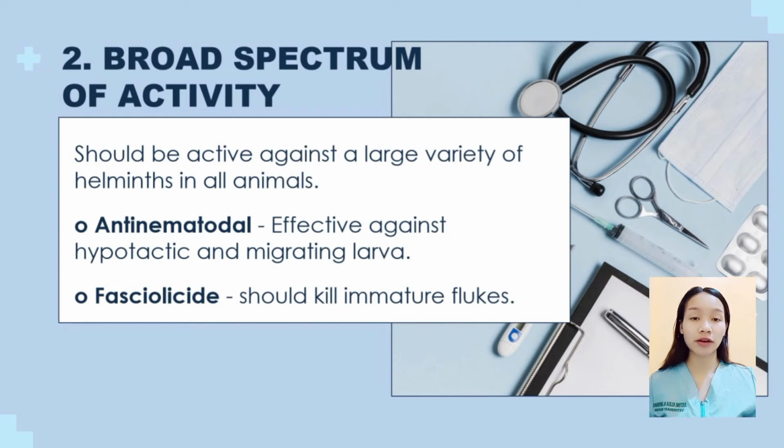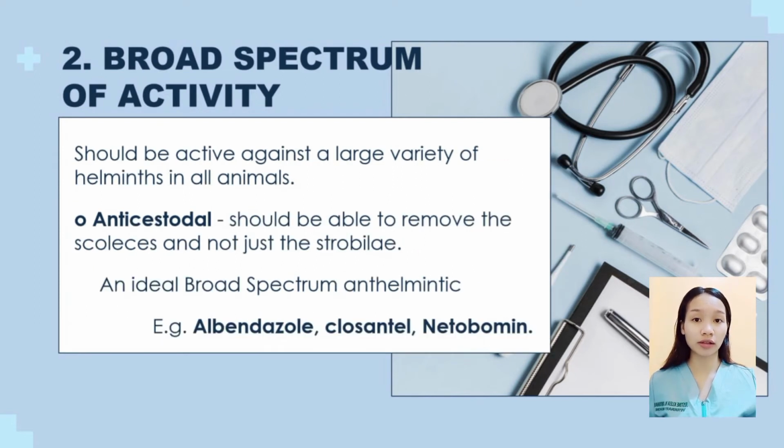Fasciicide should be effective against immature flukes. Anticestodal should be capable of both removing scolices and strobilae. An ideal broad-spectrum anthelmintic should be active against all of the three types listed above. For instance, albendazole, closantel, and netobimin.